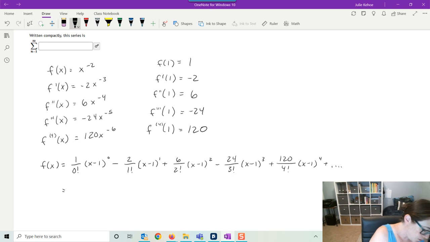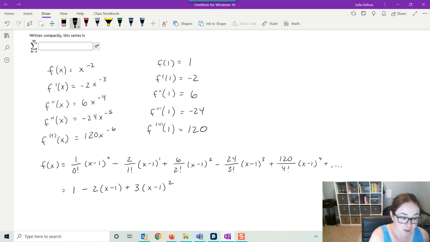Okay, so for my final answer, I'll clean this up a bit. This first one is just going to be 1. 2 divided by 1 factorial is minus 2 times x minus 1. 6 over 2 factorial is 3 times x minus 1 squared.